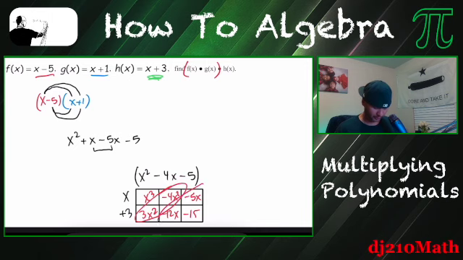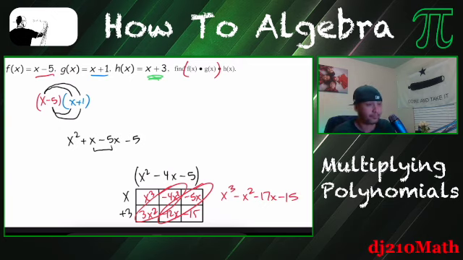Combine the like terms. So this is going to be x cubed, negative 4 plus 3, negative x squared. Negative 5, negative 12 is negative 17x, and then the constant negative 15. All right, so that's doing both methods, but with 3 polynomials, f of x, g of x, and then finally h of x.